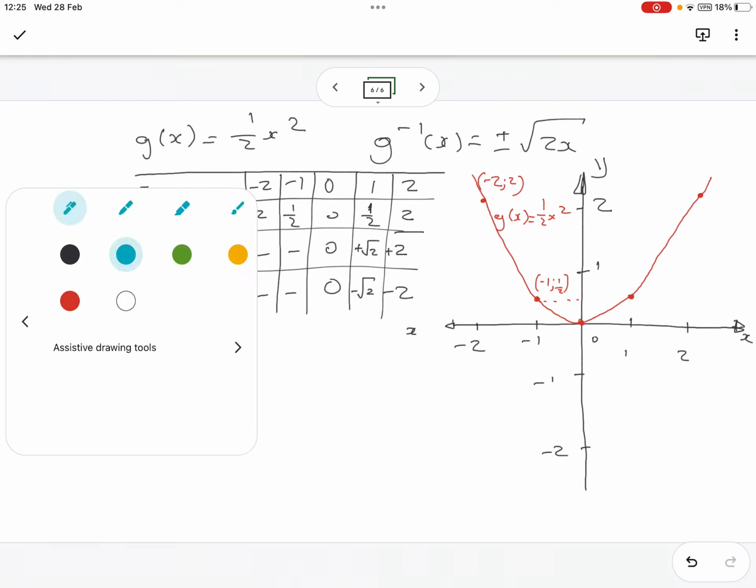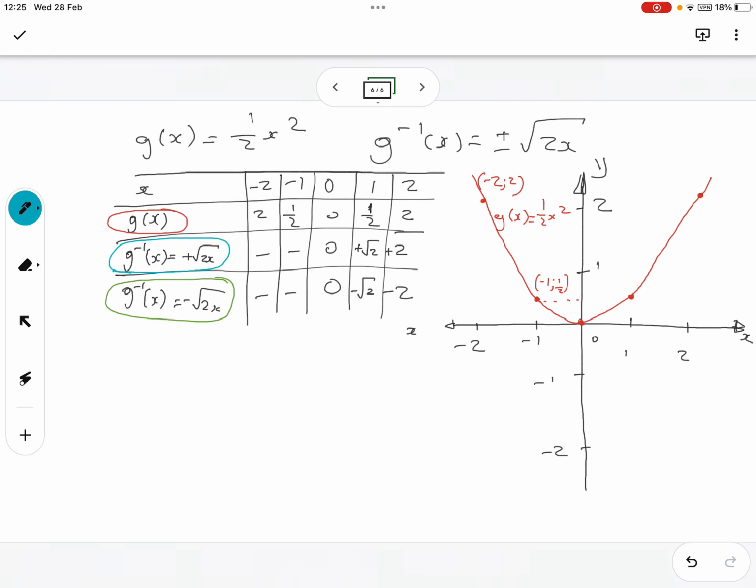Then we do the blue graph. Blue graph at 0, we have 0. At 1, we've got just over 1 point, it's 1.4, so 1.5 should be there, maybe a little bit below, so it'd be there somewhere.